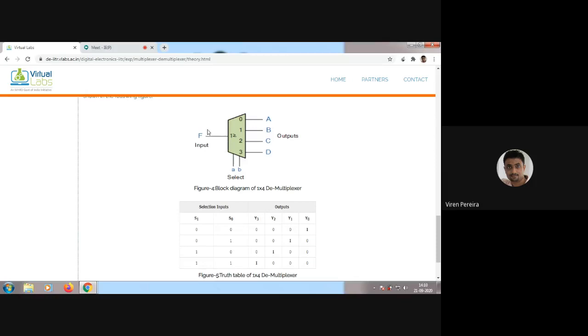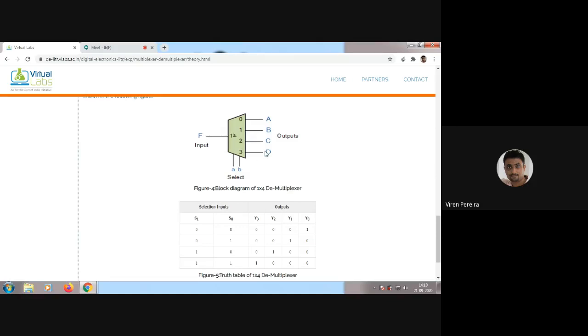Everyone clear? So F will be equal to D when you give 1 and 1, and F will be equal to A when you give 0 and 0. So it is basically like a switch. Whenever you give the appropriate signal, F is equal to A, or B, or C, or D.